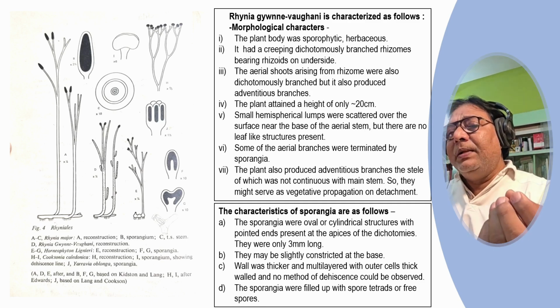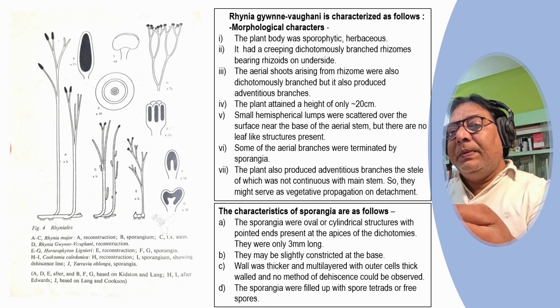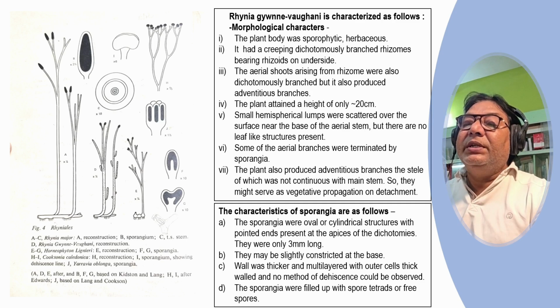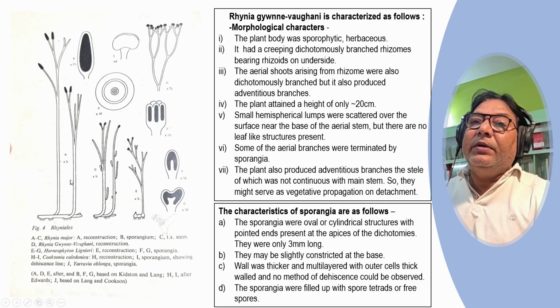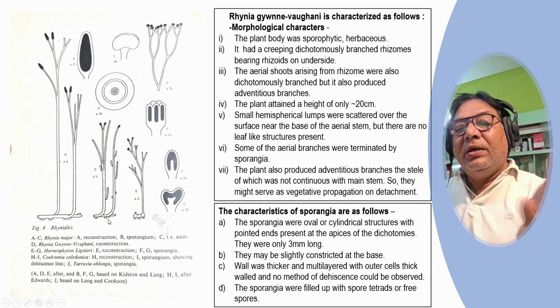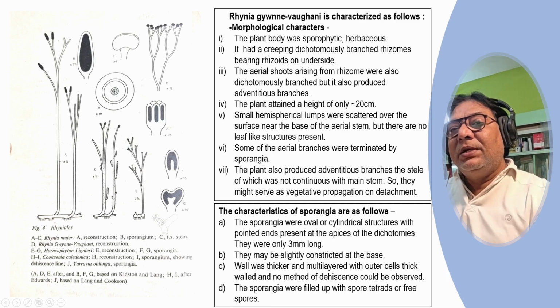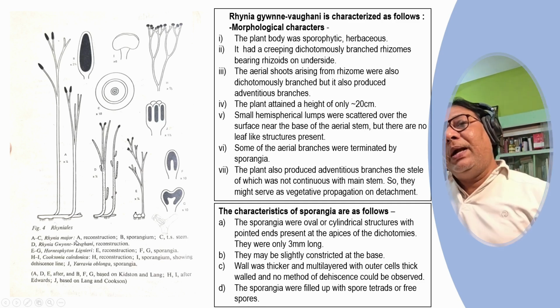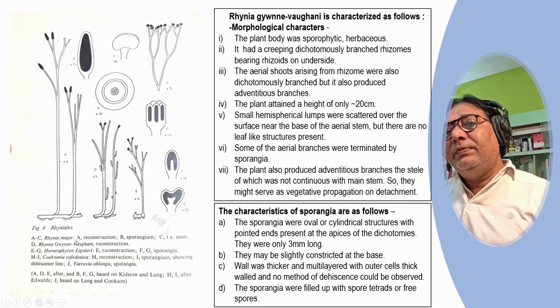What were those? Some people have considered that those were archegonia or antheridia, and this was the gametophyte of Rhynia. Some scientists have claimed that Rhynia gwynne-vaughanii was the gametophyte and Rhynia major was the sporophyte, because in the first land plants, the sporophyte and gametophyte looked very similar.